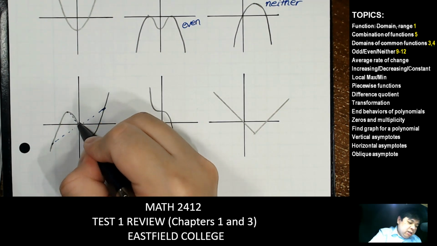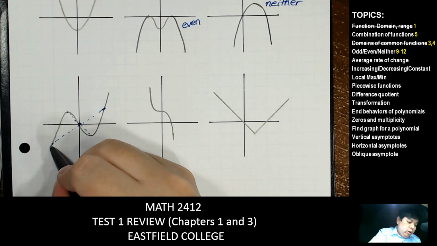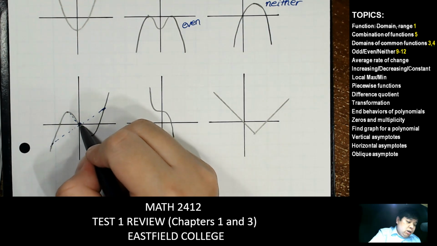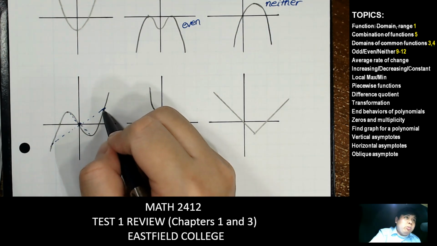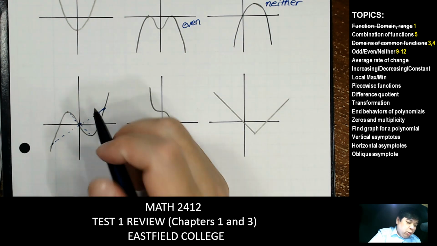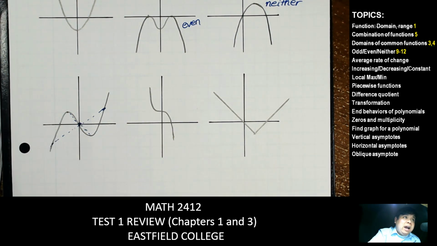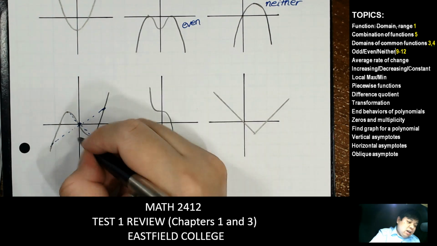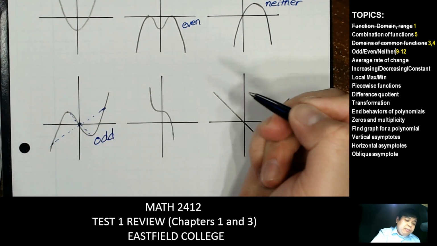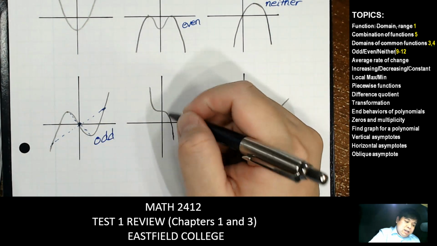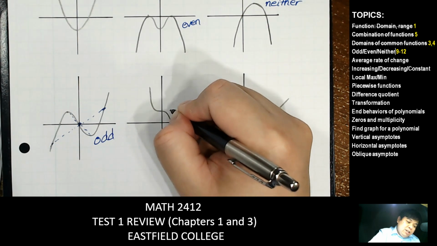Same thing. So if we pick a point and we go across the origin, and we have another point on the graph, it is symmetric with respect to the origin. And if it is perfectly symmetric like that, it's going to be odd. This one is not. It's off. So it's neither.